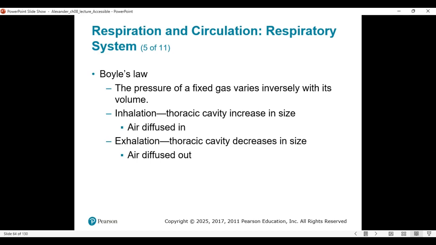Boyle's law comes into effect if you've ever done a diving class, and also if you've ever flown or if you plan on becoming a flight paramedic or flight nurse.